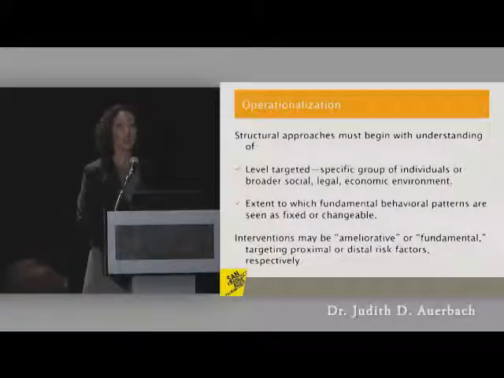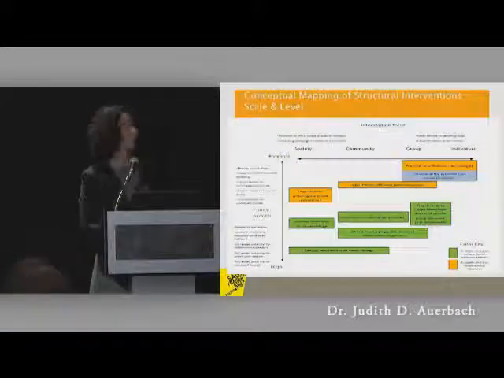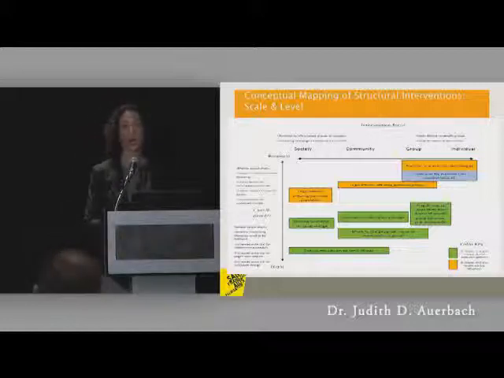So this is just a visual representation of that, which I'm sure you can't entirely see, but it makes the point that, again, looking at the level and the kind of target, the nearness of the target that you're also trying to intervene in, that helps and is important for operationalizing. Do we want to affect something very proximal around risk behavior or even infection?